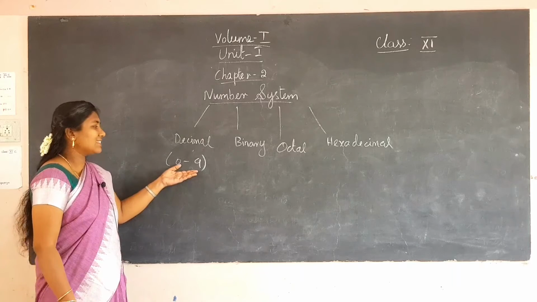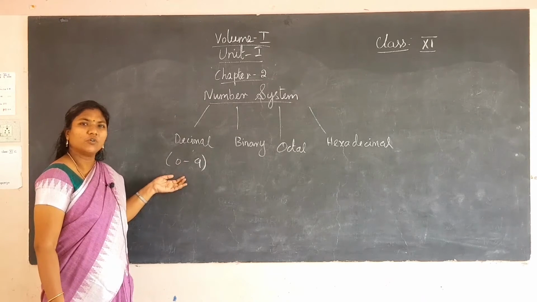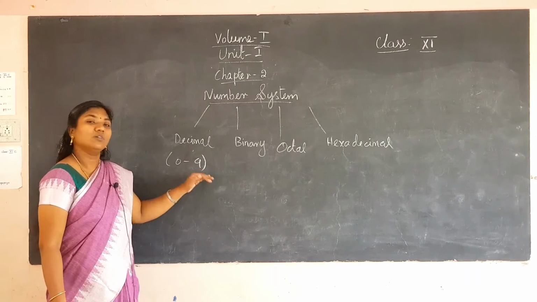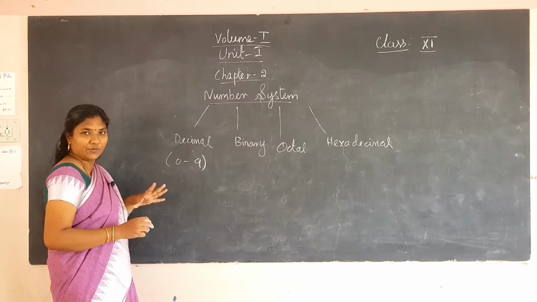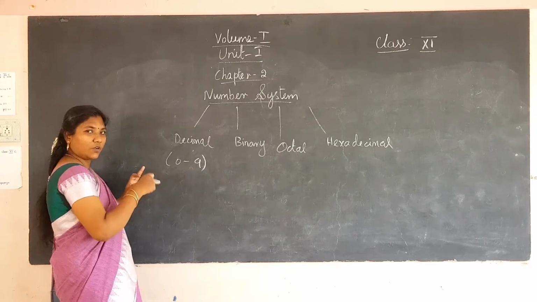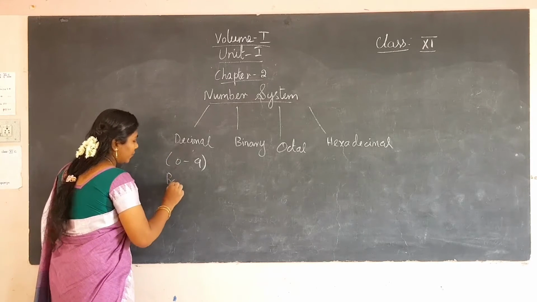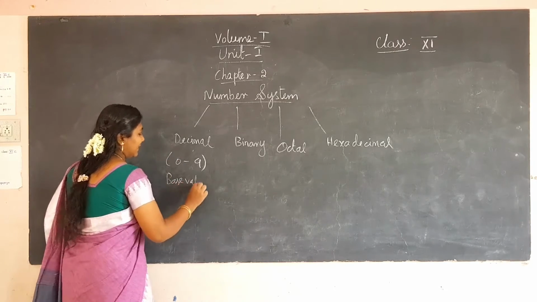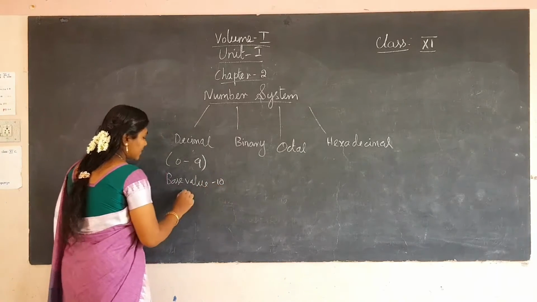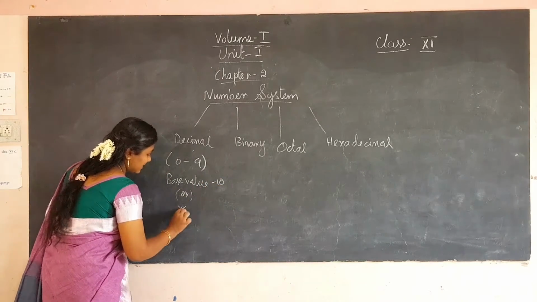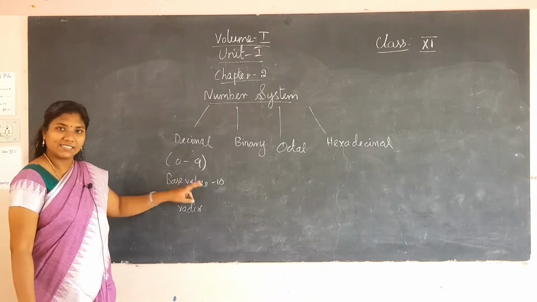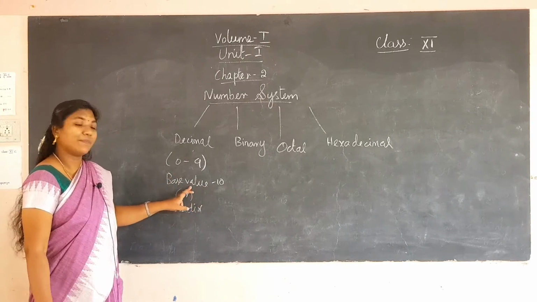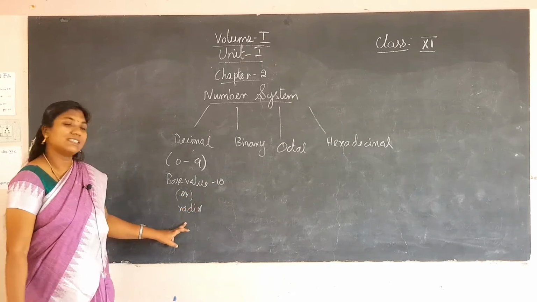So, decimal has 10 values, and its base value, or radix, is 10.